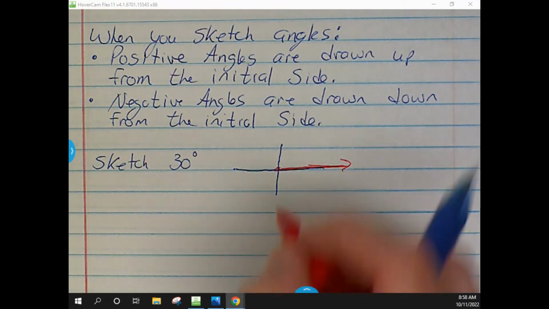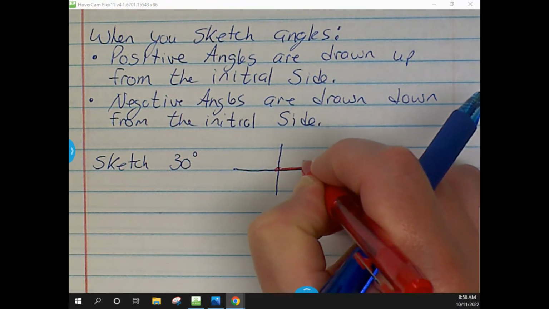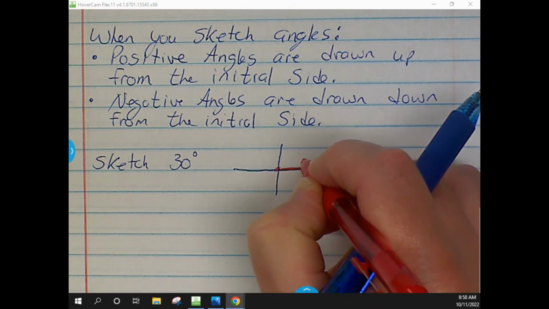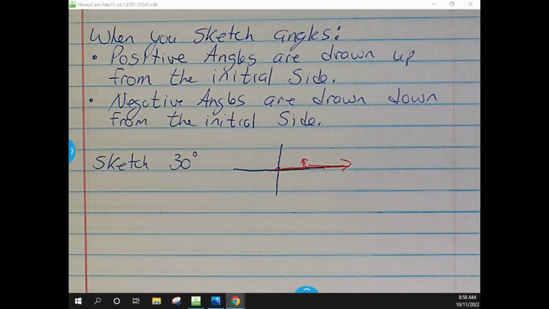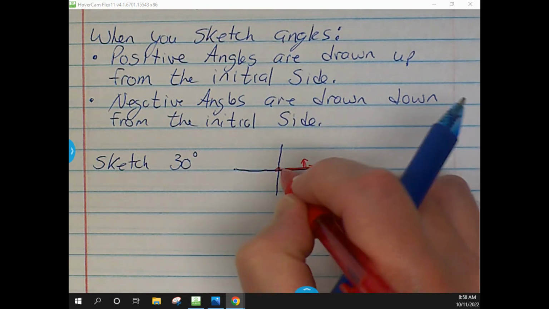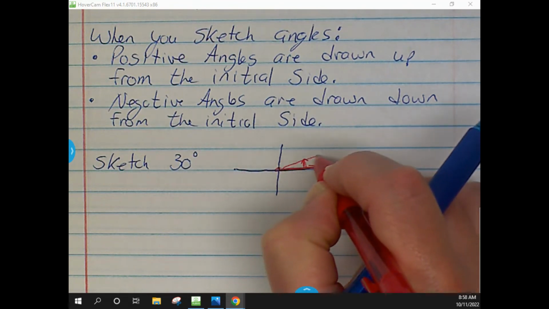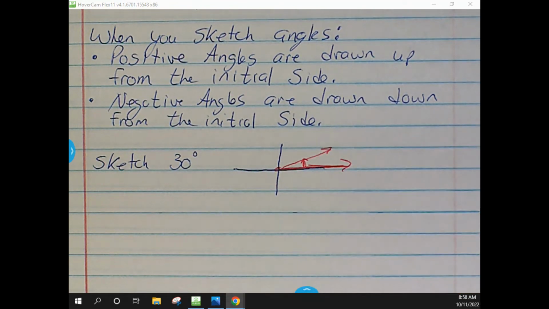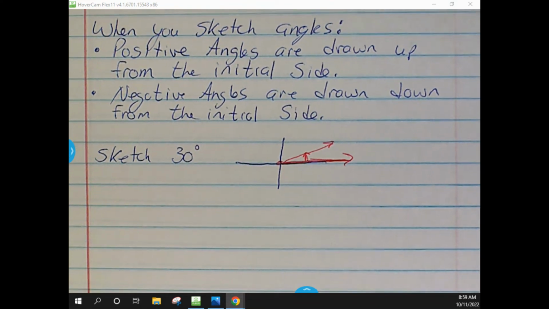And since it's positive, the arrow has got to go this way, and they should have an arrow that will show it going up like that. And then it should be something close to 30 degrees. And from what I can remember seeing on Math Excel, most of the time they have the angles drawn in red.